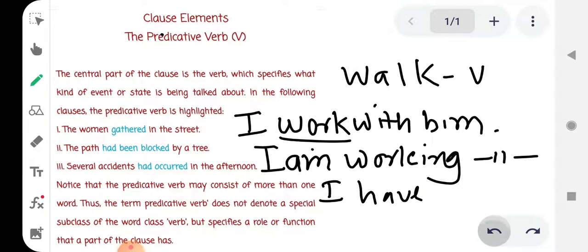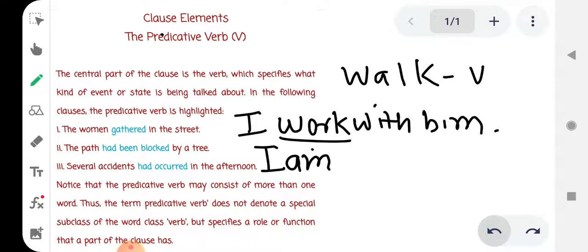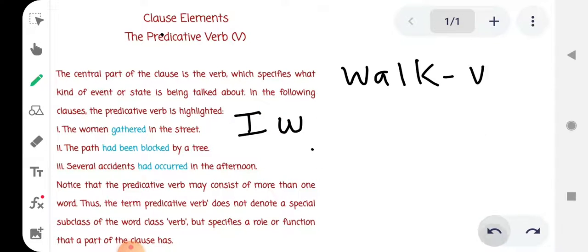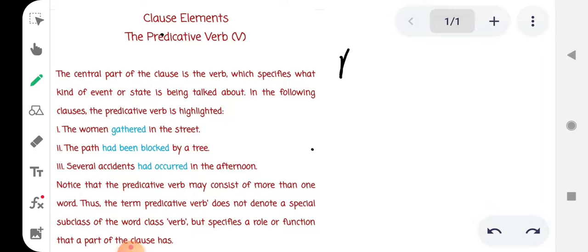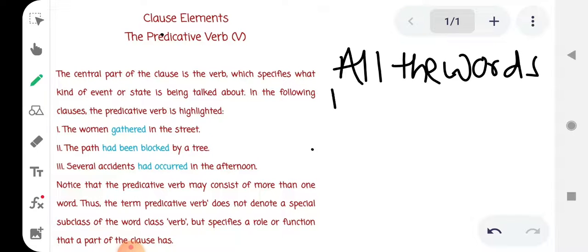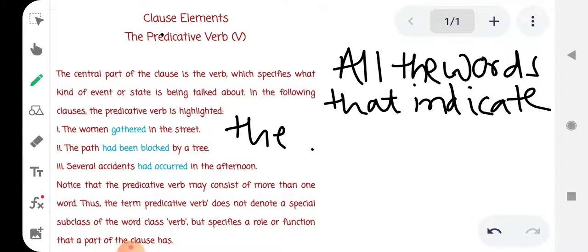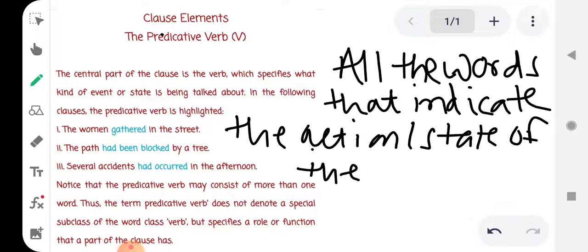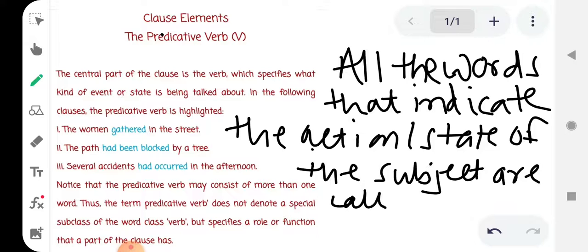All the words that indicate the total action or the total state of the sentence, the subject of the sentence, are called a verb phrase.